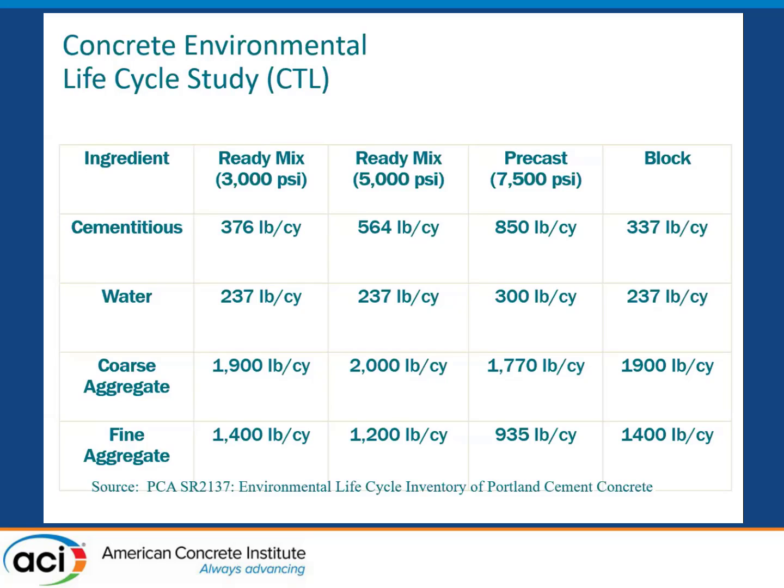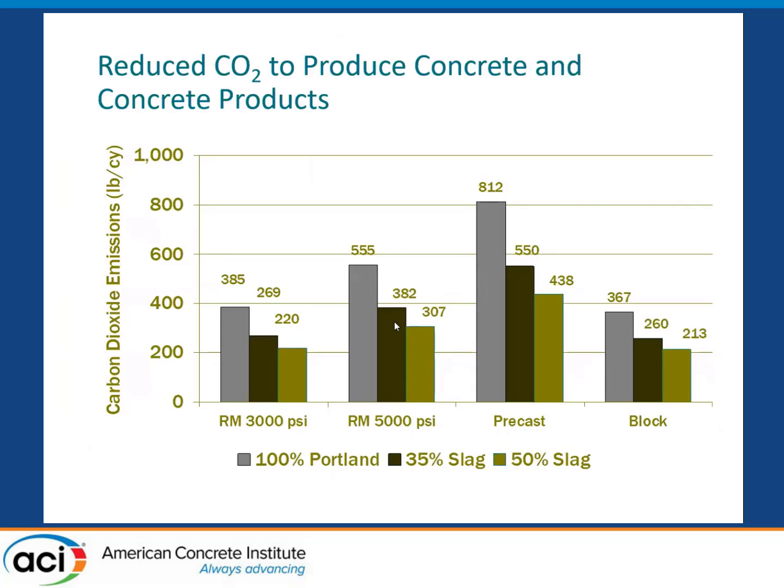Block, in this example, had 337. You can see the volumes and the amount of aggregates, the fines and the coarse, as well as the amount of water that may have been needed to make the products. When we look at those different ones, if they use 35 or 50% slag, you're seeing a great reduction in the amount of CO2 in those actual products. So by using slag cement, we're reducing those numbers.